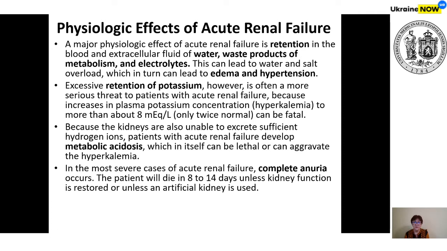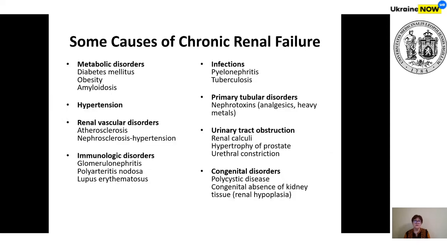You remember from the last lecture that in an acidotic state, there is a shift of potassium from cells into plasma. In the most severe cases of acute renal failure, complete anuria occurs. The patient will die in 8 to 14 days unless kidney function is restored or unless an artificial kidney is used. Some causes of chronic renal failure.